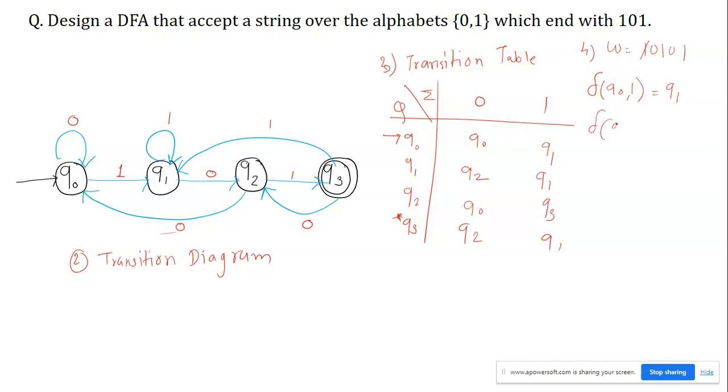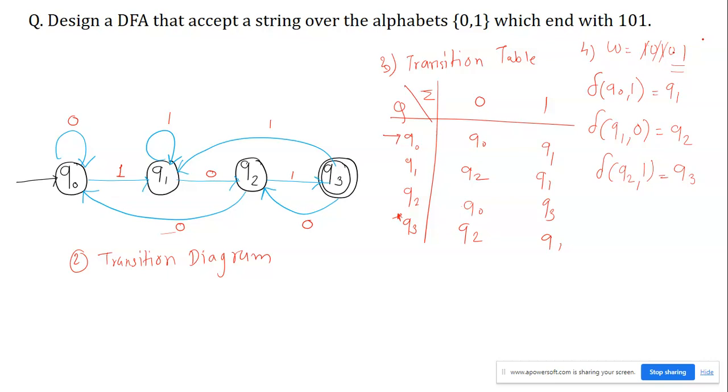Now Q1 becomes my current state. We are now at Q1 and we get the next input symbol, 0. So Q1 with 0, we move towards Q2. Now Q2 is my current state, the next input symbol is 1, we have to take that. Q2 with 1, we move to Q3. We reach the final state, but still our string is not finished, right?